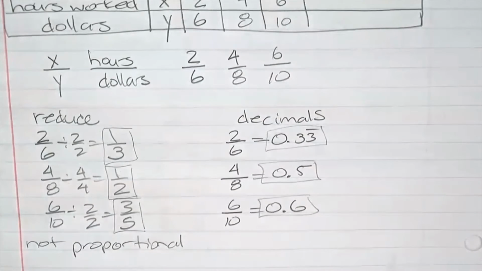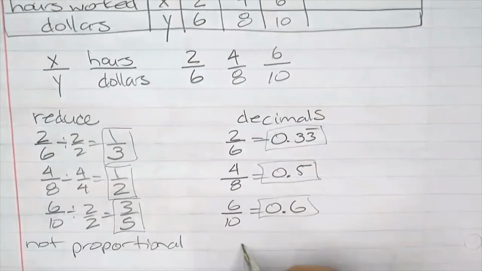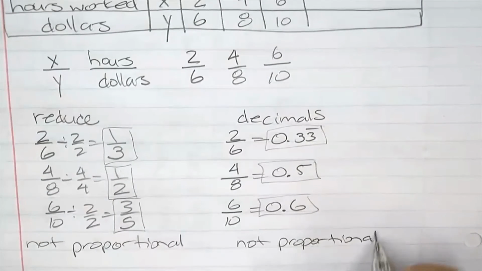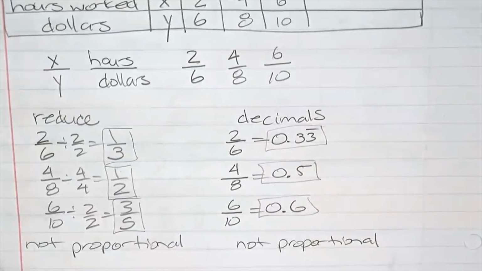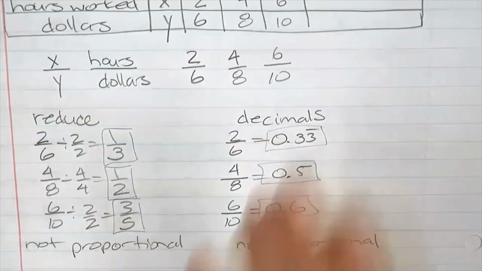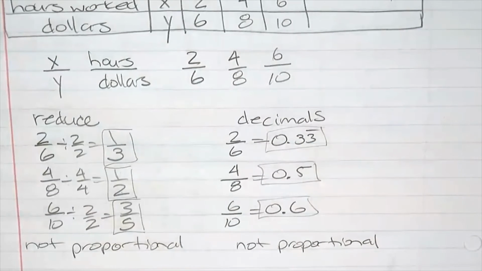They are not the same. They are not proportional. So we know that by looking at the fractions, reducing our fractions to simplest form, or turning them to decimals, that we do not have a proportional relationship.